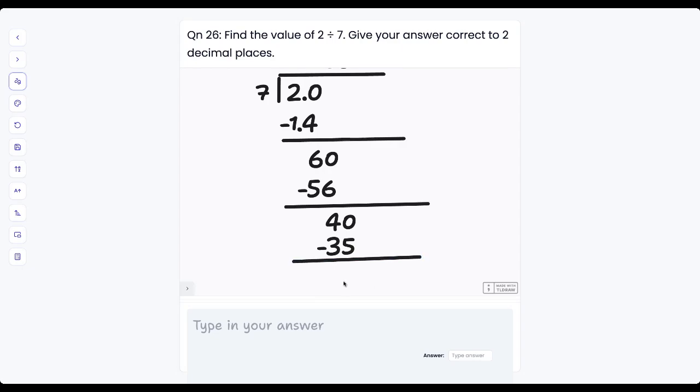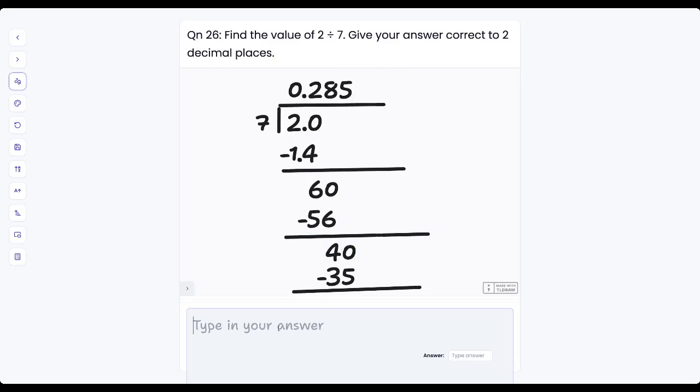So in this case, 2 divided by 7 is equal to 0.285 dot dot dot. Since 5 is what we can round up, it will be 29. So the answer to this question is 0.29. There you go.